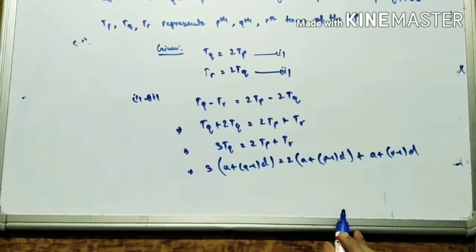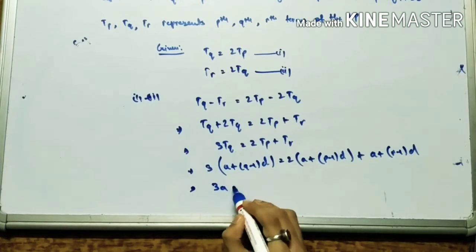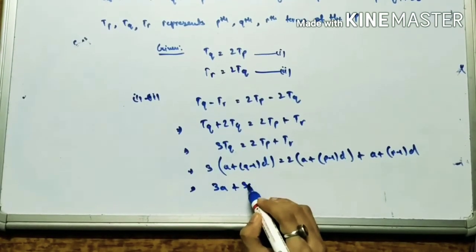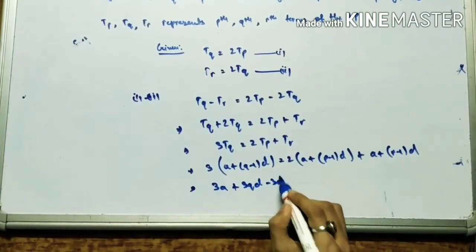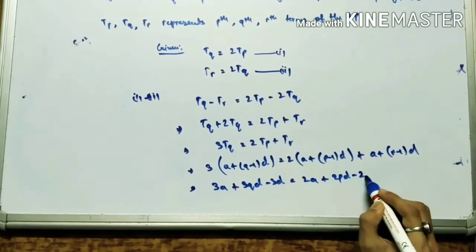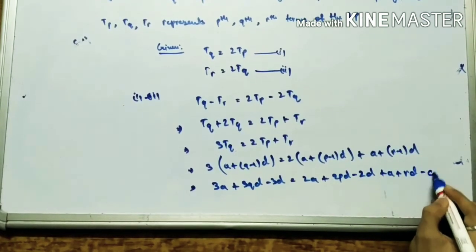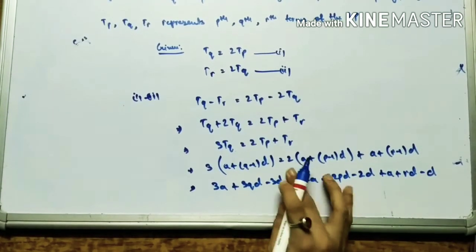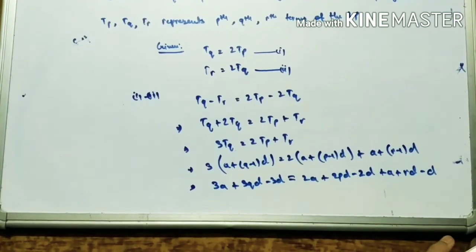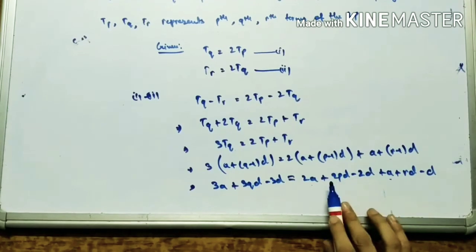So now in here you see, this one if I multiply it, thrice A plus thrice QD minus thrice D is equal to twice A plus twice PD minus twice D plus A plus RD minus D. So this one, twice A plus A, I will get 3A.